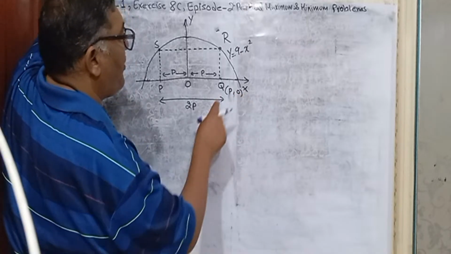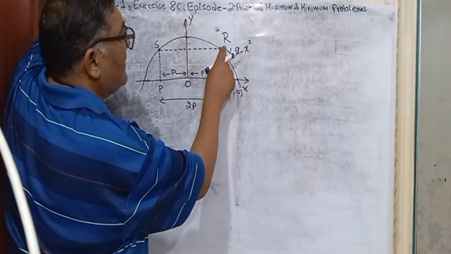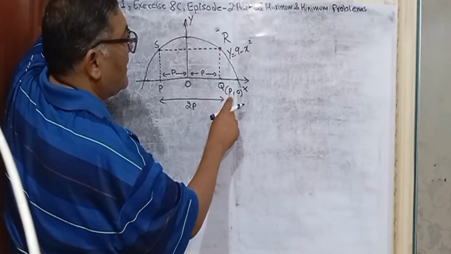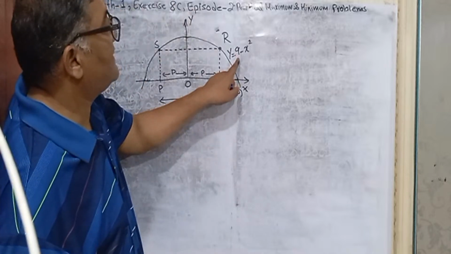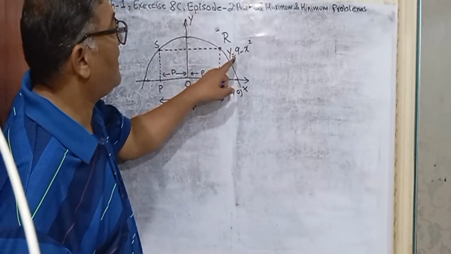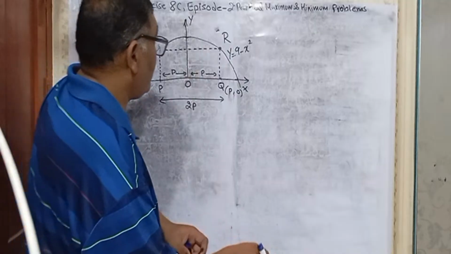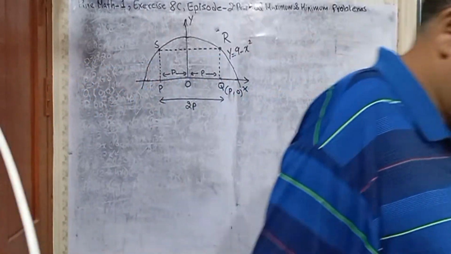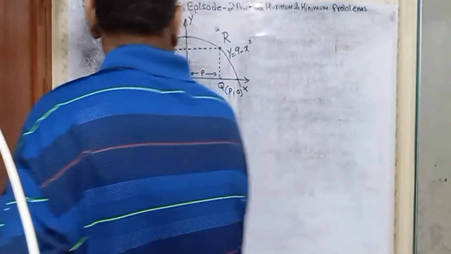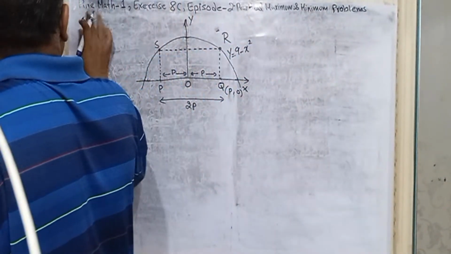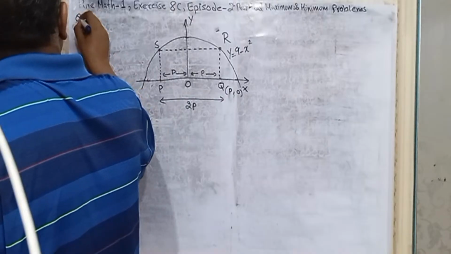Because R is exactly above this, R's x coordinate will also be p. The y coordinate I can find because R is on this curve. This is question number 6 I'm doing.